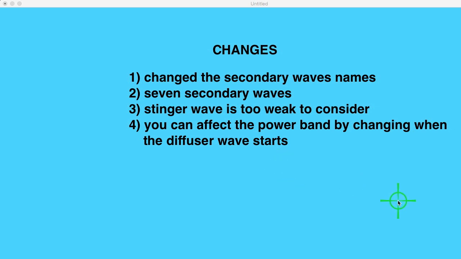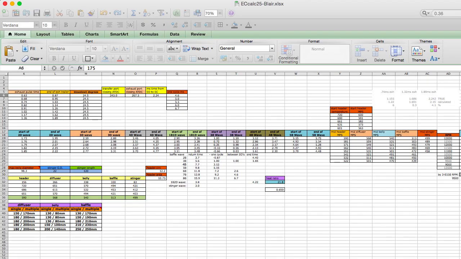And playing with the EC Calc, I found out that you can change the power band by changing when the diffuser wave starts. Let me show you what I mean.